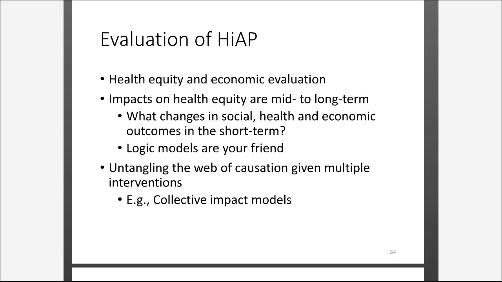So there's a real web of causation at work here because lots of things are typically happening in a health and health policies government. And so some people have suggested to think about collective impact models as a way to envision maybe not just trying to identify the individual contributions, but to conceptualize the work of government more collectively.